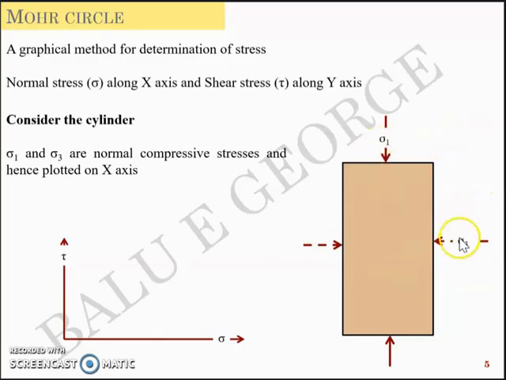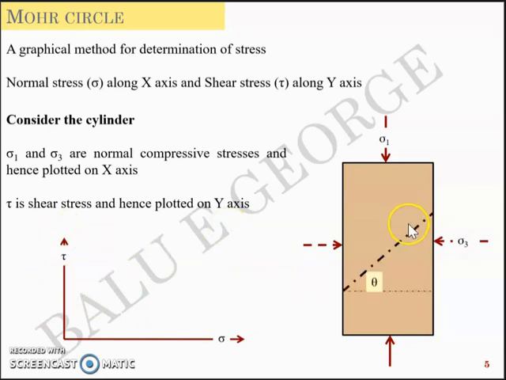So sigma 1 and sigma 3 are compressive stresses and they are plotted on the x-axis, and they are normal stresses as well. And tau is a shear stress, and hence it can be plotted on the y-axis. Tau is a shear stress acting on the plane that's inclined at theta with respect to the horizontal.